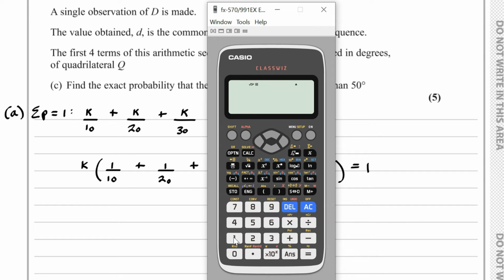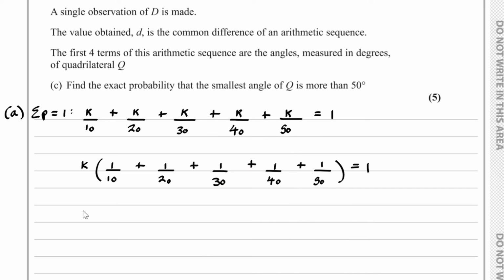So we have 1 over 10 plus 1 over 20 plus 1 over 30 plus 1 over 40 plus 1 over 50. Turns out we get 137 over 600. So we have 137k over 600 equaling 1, and therefore k, you can clearly see, is equal to 600 over 137. That's what we wanted to show.